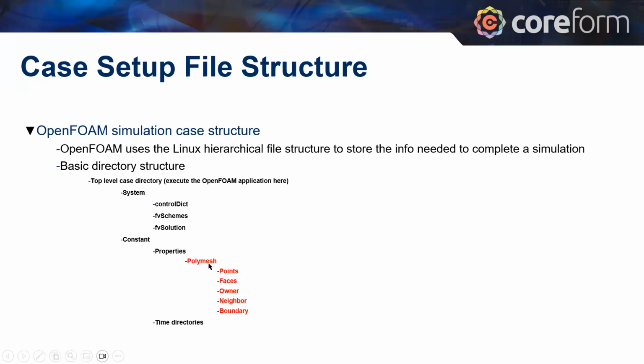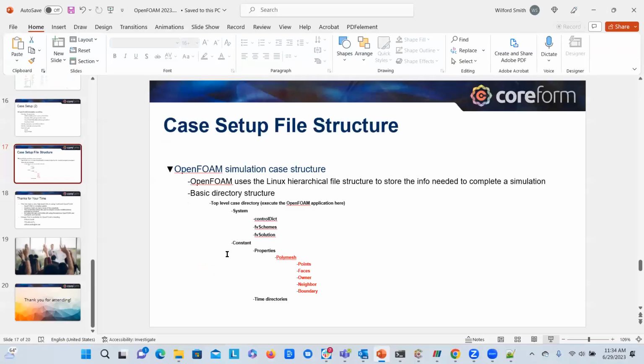It gives me my grid and all the relevant points that I need in the grid, including my points, my faces, my owners, neighbors, and the boundary conditions that I want to install on there. And then finally, it also contains all the time directories. As I'm performing the solution, OpenFOAM will print out a full set of calculations, and let me bring up.